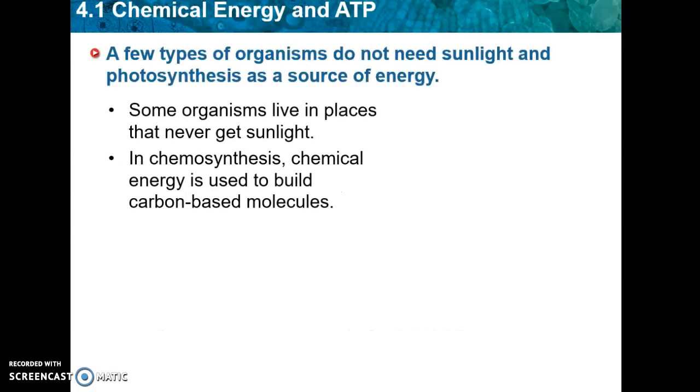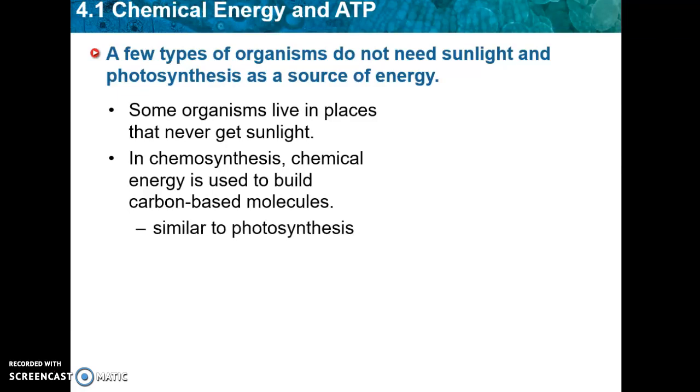A few types of organisms do not need sunlight and photosynthesis as a source of energy. Some organisms live in places that never get sunlight, like deep in a cave or deep in the ocean or in a water-filled cave. In chemosynthesis, chemical energy is used to build carbon-based molecules. They're going to use chemical energy rather than sunlight or solar energy.